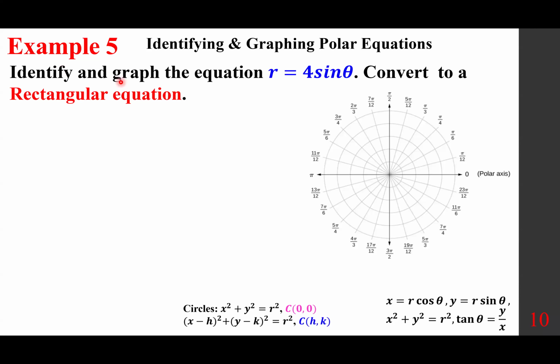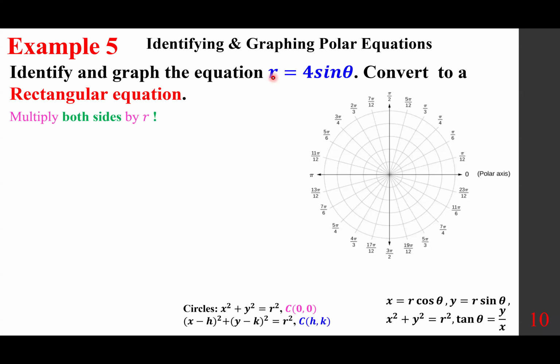We want to identify and graph the equation r equals 4 sine theta and convert it to a rectangular equation. Whenever r and either sine or cosine are given, the technique is to multiply both sides by r. That's the technique to find out what type of rectangular equation we have. So what happens?